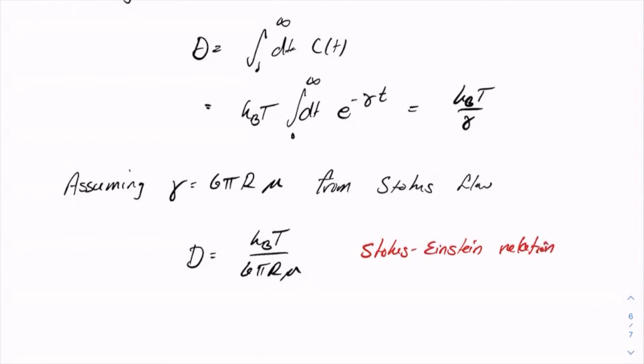And indeed it works actually incredibly well, even for r's that are nanometers in scale, even for r's that are angstroms in scale. Stokes-Einstein actually tends to work even to predict the diffusion constants of individual atoms evolving in a solution of similar particles.